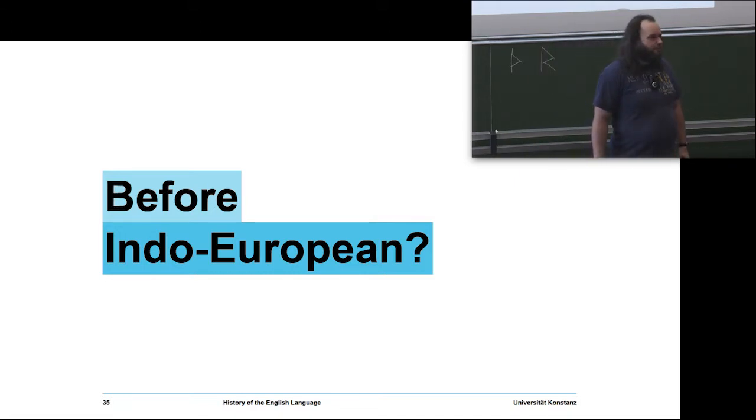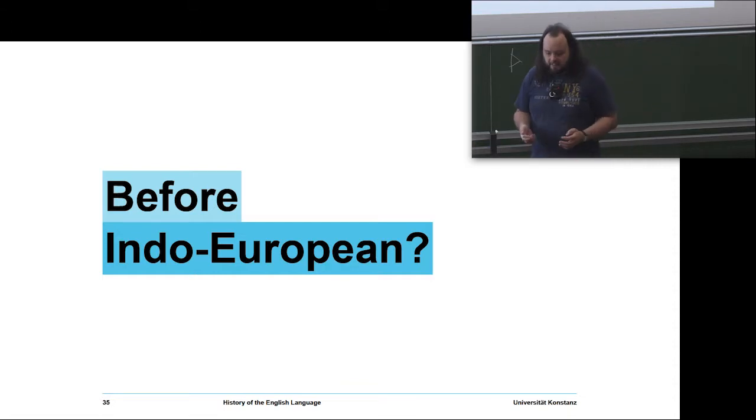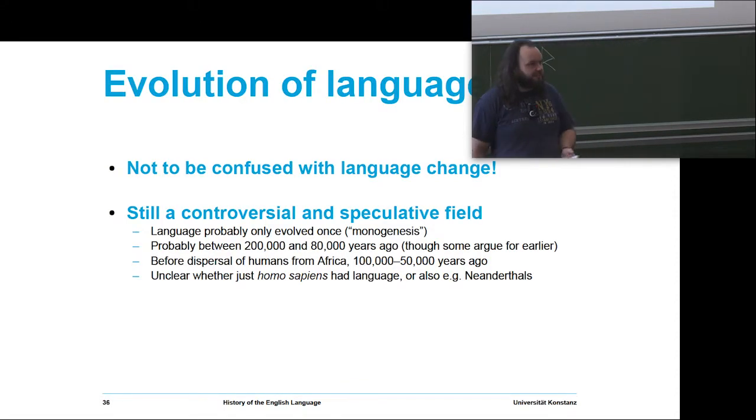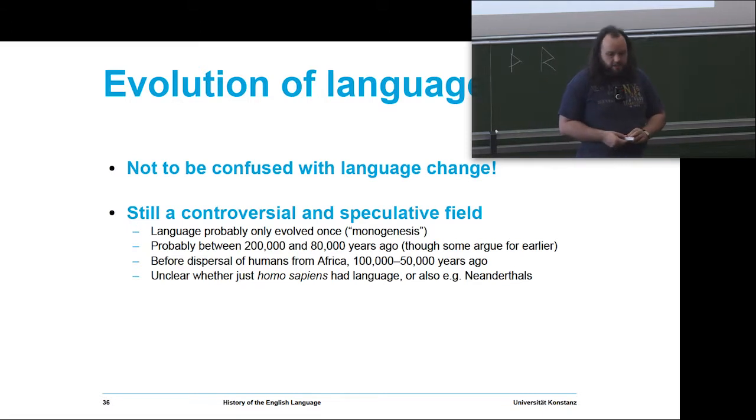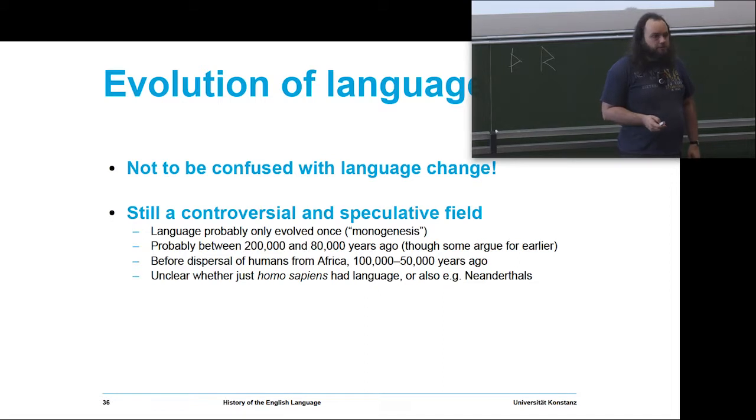Well, that's not very far back in time. I mean, not really. What happens if we want to find out even earlier things? We know that language must have existed for many, many thousands of years before any of this. So the study of the evolution of language, though it's quite controversial still, is something that probably happened somewhere between 200,000 and 80,000 years ago.